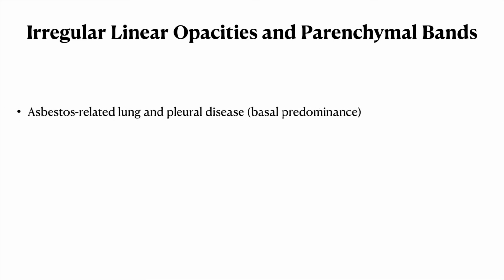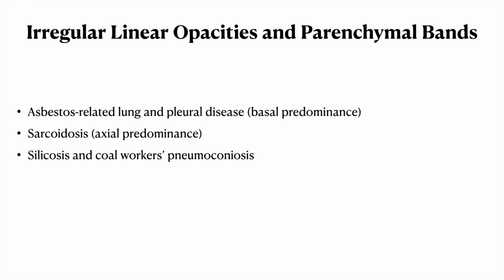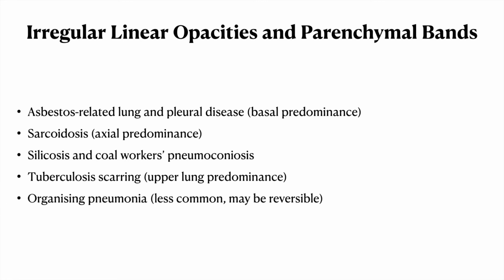Now coming next is the irregular linear opacities and parenchymal bands. This is mostly caused by asbestosis related lung and pleural disease with a basal predominance, sarcoidosis, silicosis and coal workers pneumoconiosis, tuberculosis scarring, and organizing pneumonia.